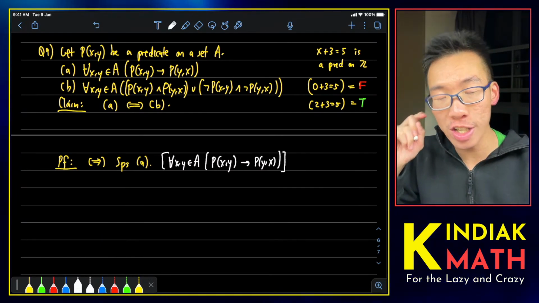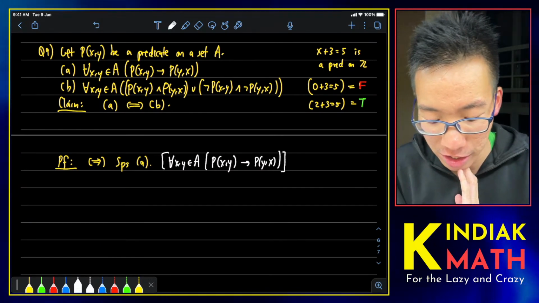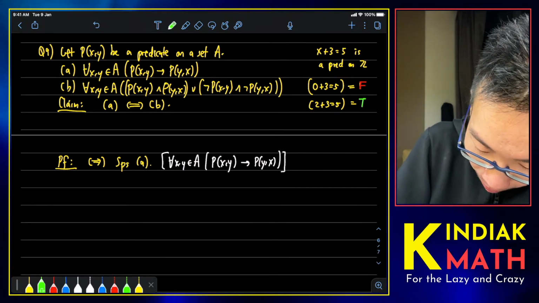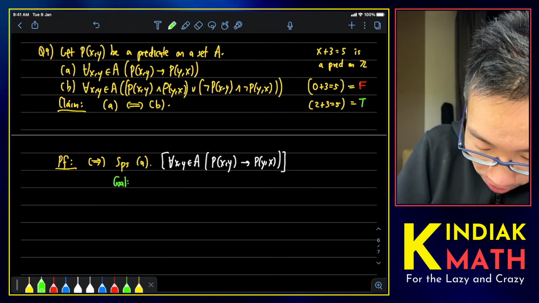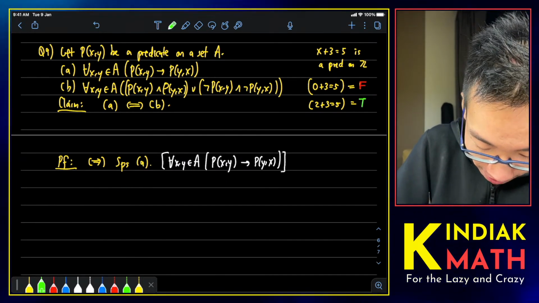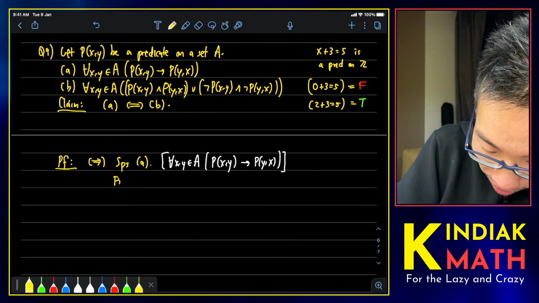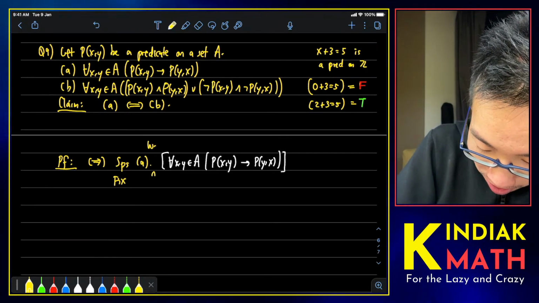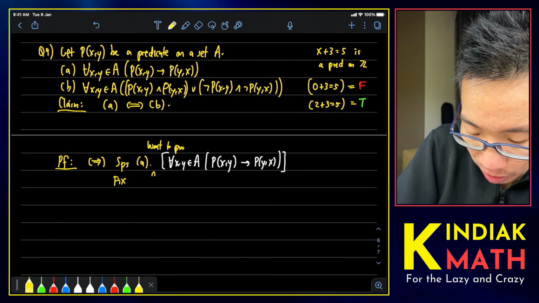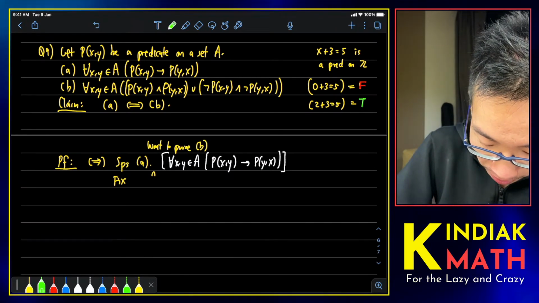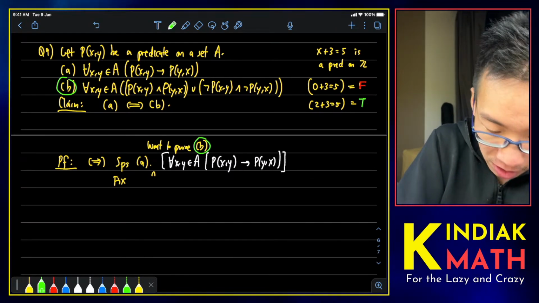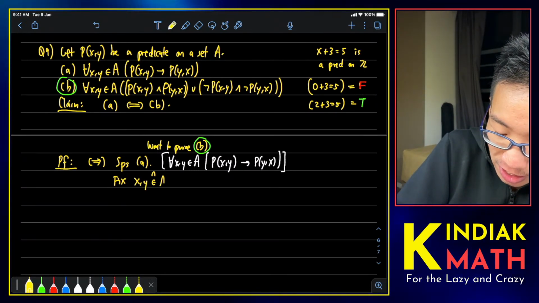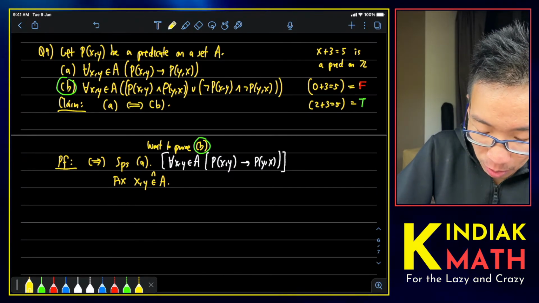Now, we haven't actually used anything from A yet, right? We actually need to prove B. So what's our goal? Well, let's first fix x, y in A, because it's a for all statement, right? We need to prove B, and for B, it's a for all statement. So we need to fix x, y in A. And what's our goal?